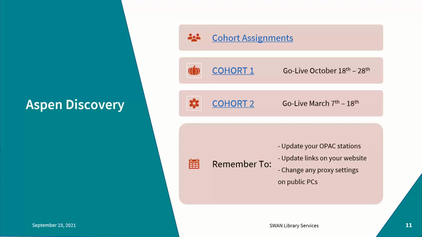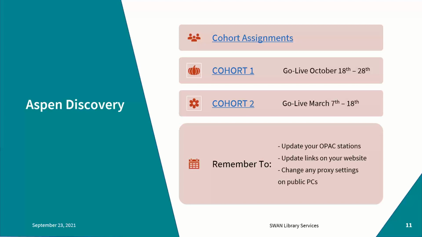And there are other instructions that are included in all the training courses that Tara and the UX team have been running. So just make sure that you check in on those and watch some of the training videos as they come up. But first of all, just make sure that you check out the links, make sure you know what cohort that you're in, and that you're working with library staff in preparation for that migration.